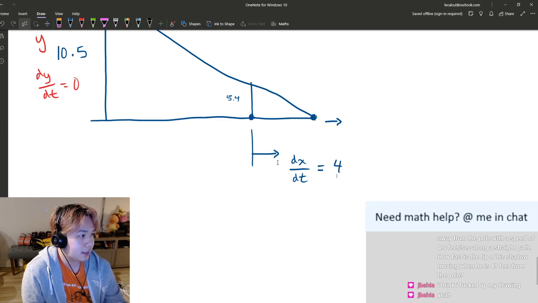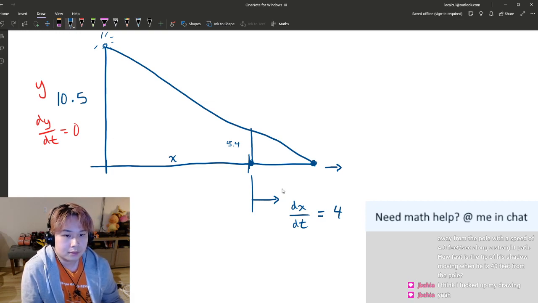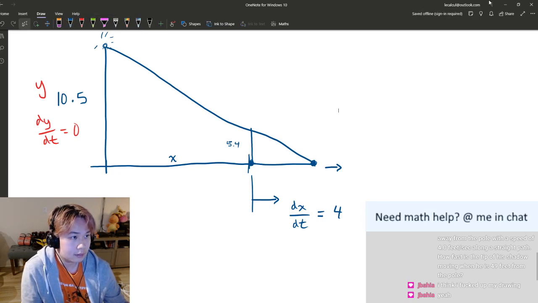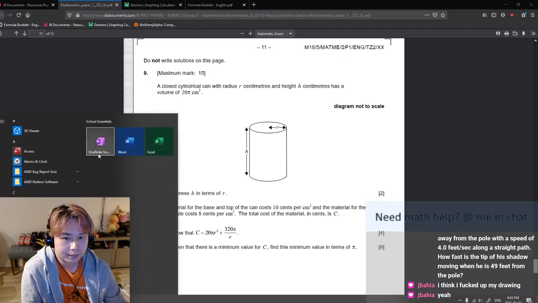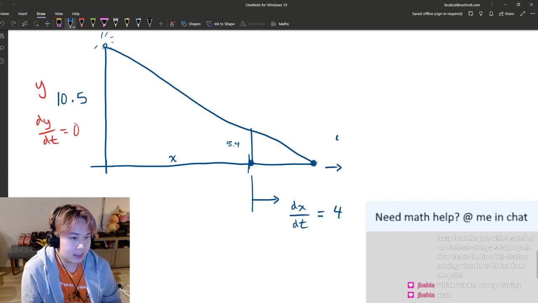So if this represents the speed of x, then what does the distance x represent in the diagram? Because that's important. The distance x represents the distance from the lamppost to the person. And then similarly, let me change colors. Let me reboot. The rate that the shadow's moving, I guess I'll call it ds.